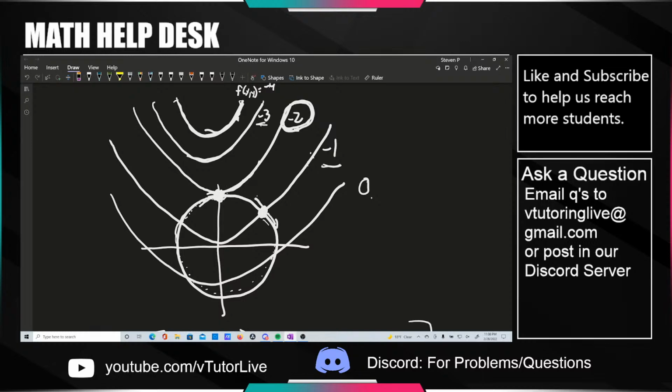Let's talk about the arrows like before, right? If you just go a little bit to the left or a little bit to the right, a little bit in either direction tangent, right?